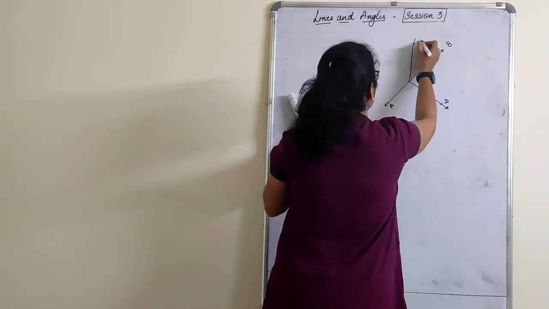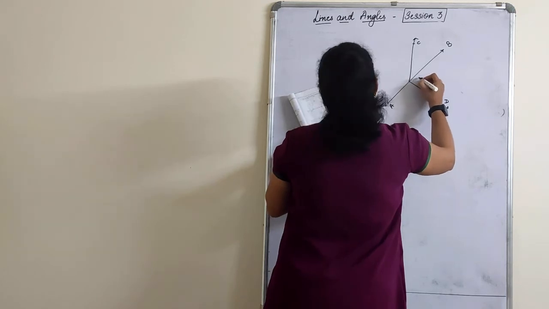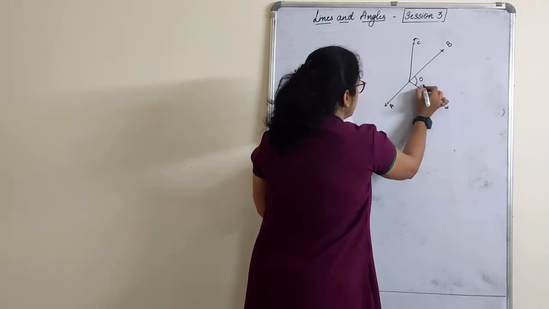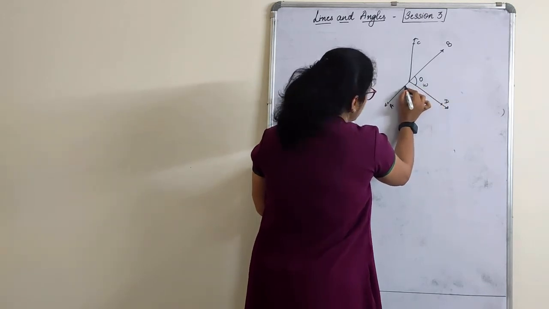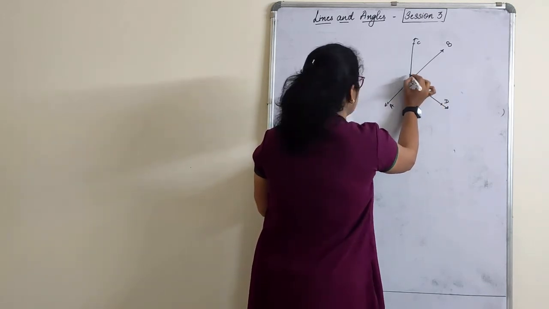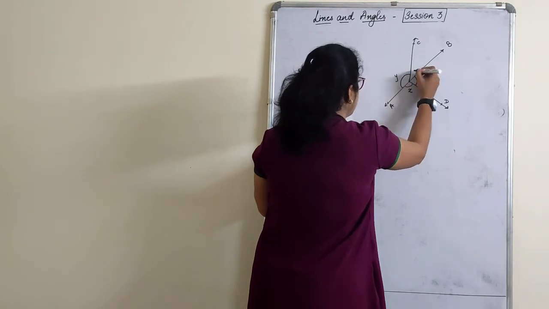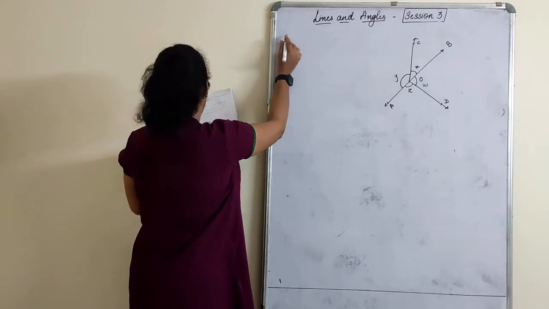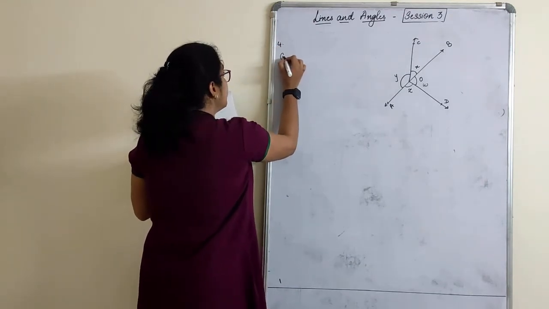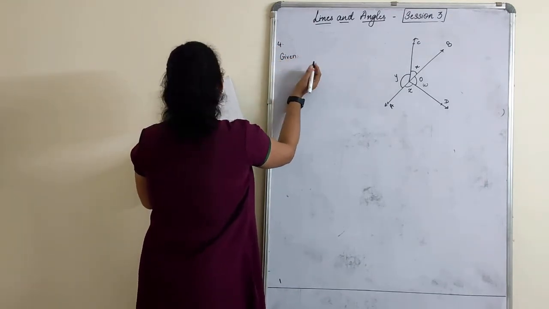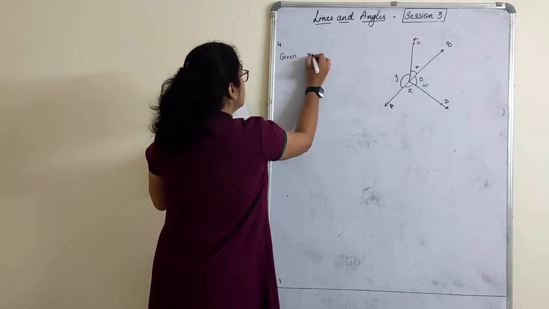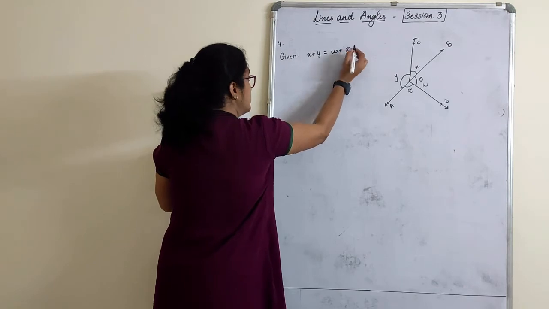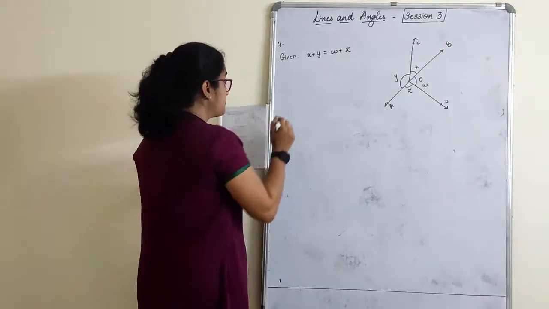This is D, C, and this is O. Where this is angle W, this is angle Z, this is angle Y, and this is angle X, which is given. So first of all, we'll write in given whatever they have given, only that much we will write. X plus Y is equal to W plus Z. That's all it is given.